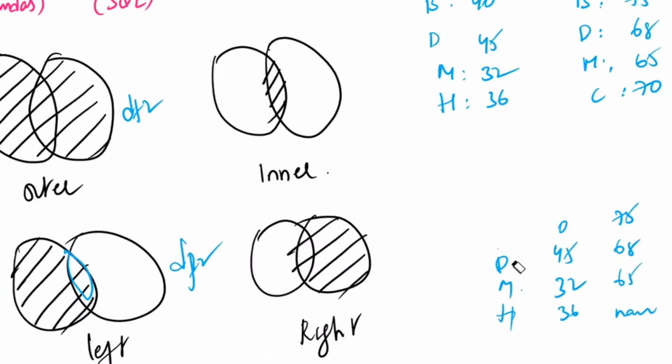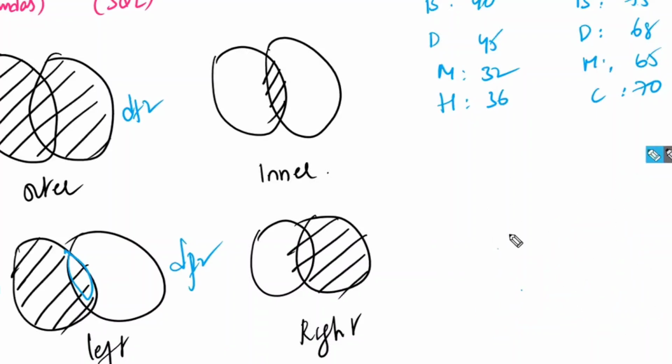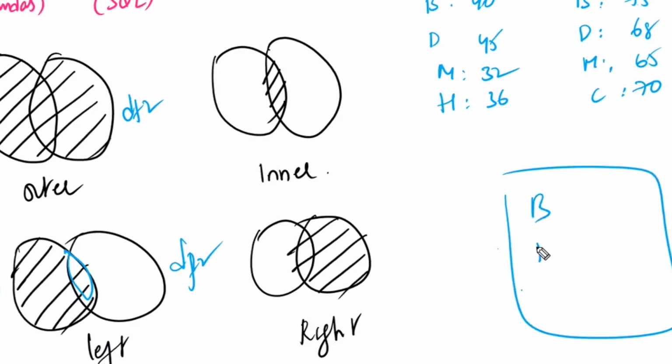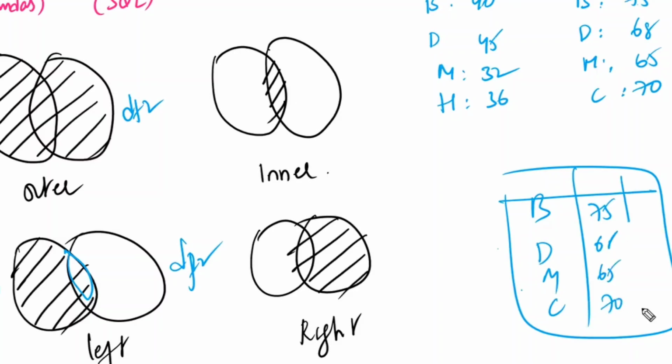Now coming to the right side join. Right asterisk: in the right side, whatever is there, that is B, D, M, C. And along with that, 75, 68, 65 and 70. First the right side part should be completed.